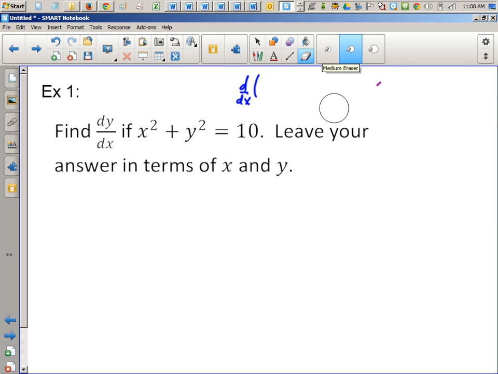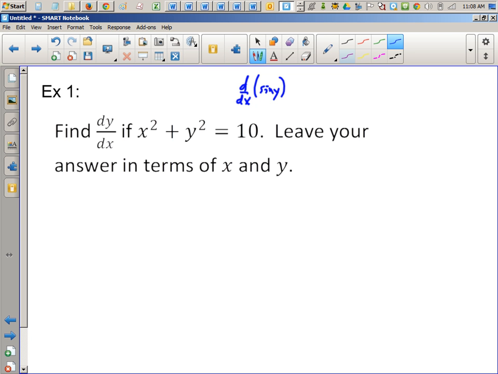Okay, let's keep playing that game. What is the derivative of sine y? Now the derivative of sine x is cos x, but that's not what I'm asking.